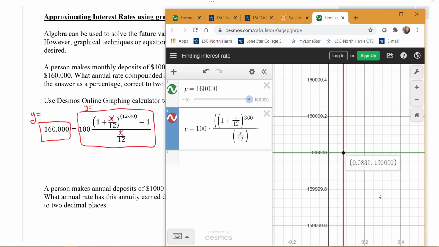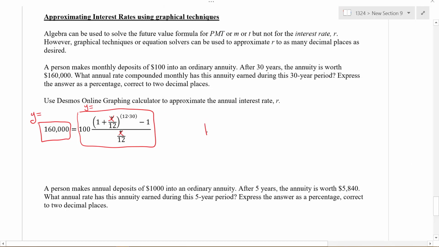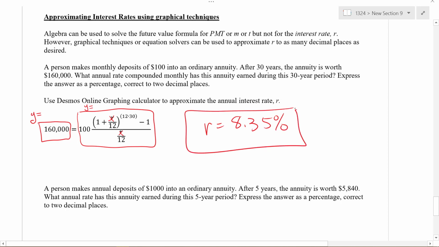If I write that as a percentage, moving that decimal place 2 spaces to the right, it would be 8.35%. Okay, so when you're working with future value and you're asked to find the interest rate, we can only approximate that using graphs and using Desmos.